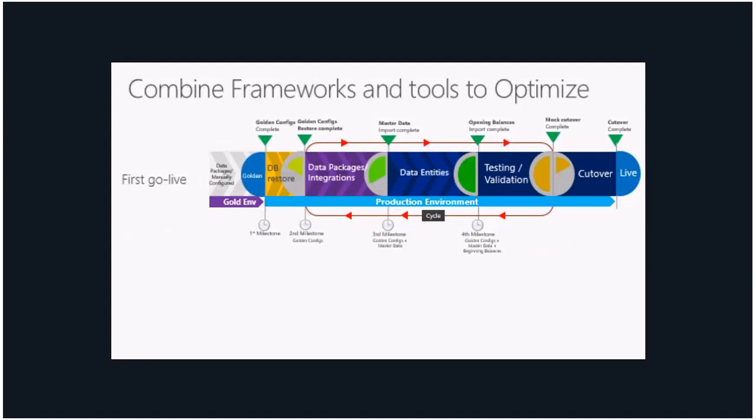The next step is you take note of that milestone, of course, and you move all your beginning balances, everything related to GL, AP, AR, inventory, and so on. You can do those using your journals, which of course use data entities. And once you reach that point, again, you have your new milestone. After that, you can do some validation or testing, depending on whether you are in UAT.